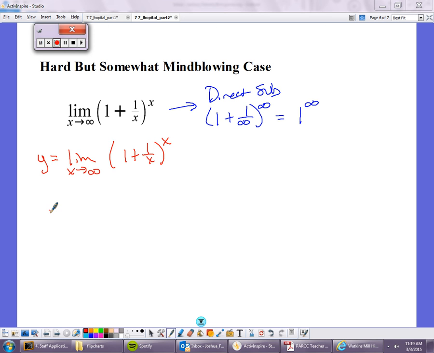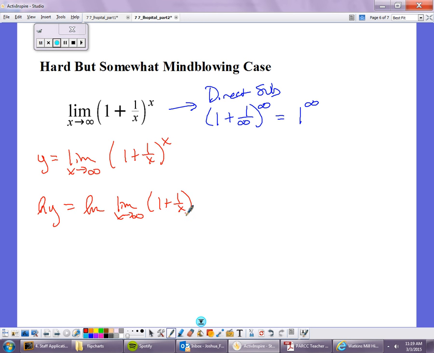Now, I don't know y exactly, but I do know that ln y is going to be ln of the limit as x goes to infinity of (1 plus 1 over x) to the x, which is the limit as x goes to infinity of ln of (1 plus 1 over x) to the x.